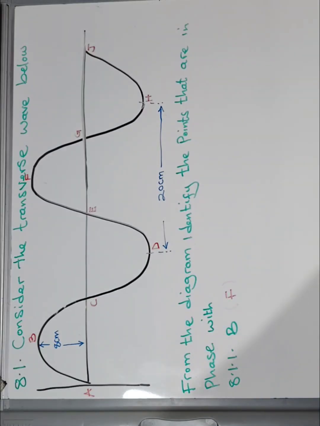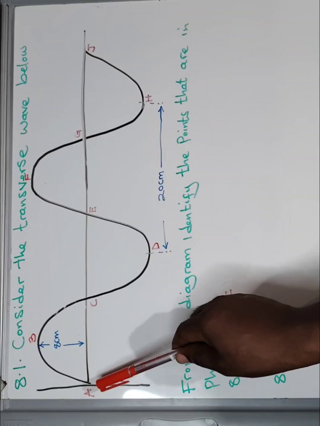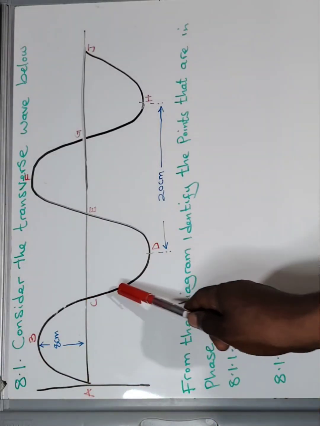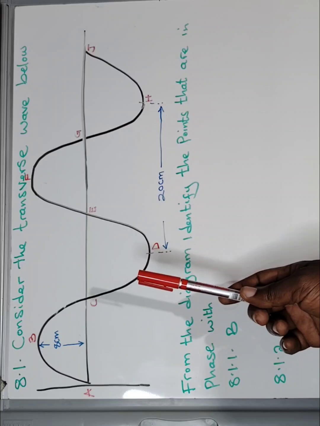Okay, let's look at another question. Which points are exactly in phase with A? The question simply says, which points are exactly the same as A? So let us look at what happens at A. At A, the wave is going up. When you check at C, the wave is going down, so it's not the same.